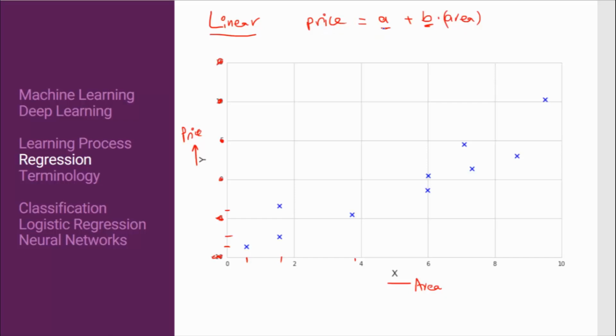Now, since this looks a little bit too long, we're going to change price to y and area to x, and we get the simple equation y is equal to a plus bx. This is the straight line equation.